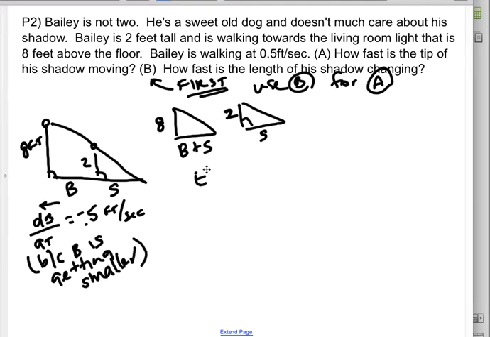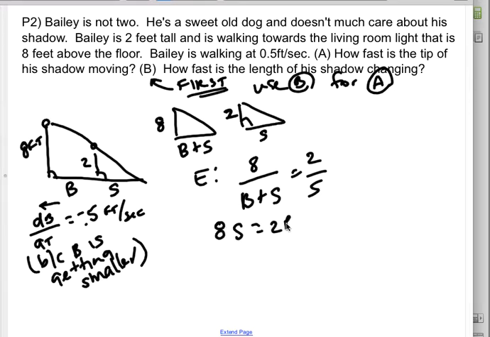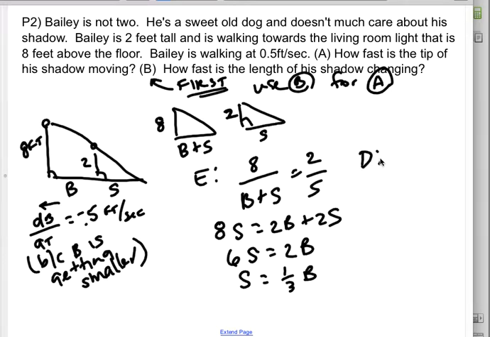So my equation is going to be these proportional triangles. So 8 over B plus S equals 2 over S. 8S equals 2B plus 2S. 6S equals 2B. So S is 1/3 B, which means that when I differentiate, I get ds/dt, which is what I want for answer B, is 1/3 of dB/dt.